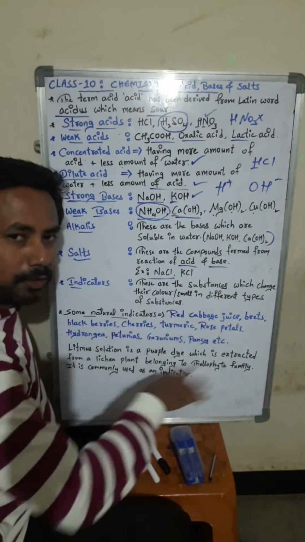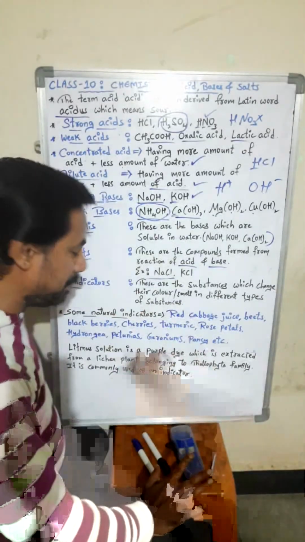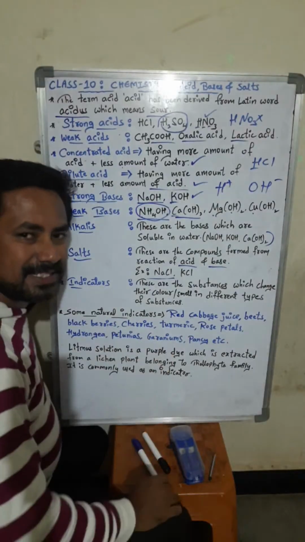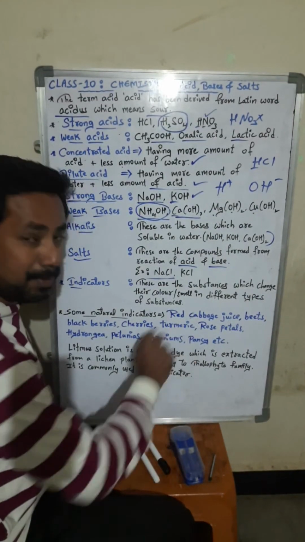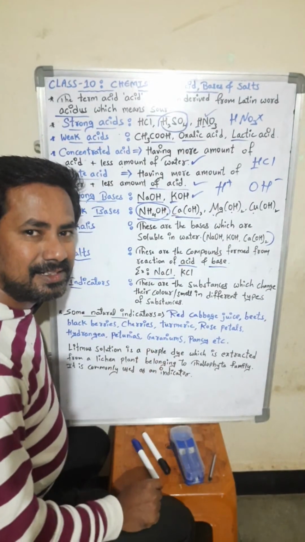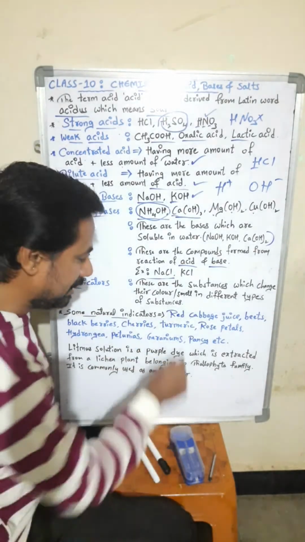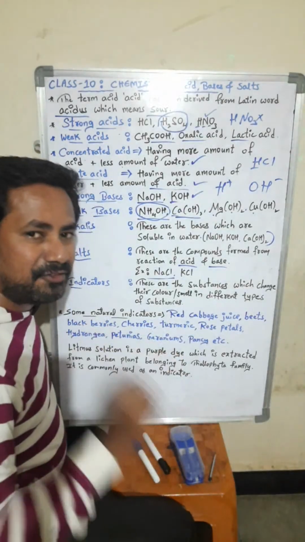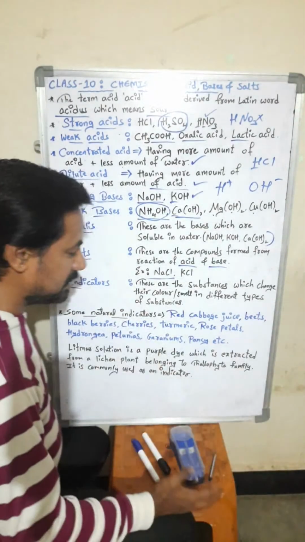How? We are going to see in detail afterwards, just remember. With the help of cherries also we can identify. Turmeric, haldi, is available in every house and we use it in food. Using turmeric we can identify, students. The procedure we are going to see afterwards.